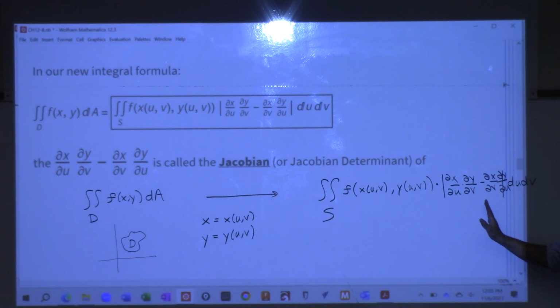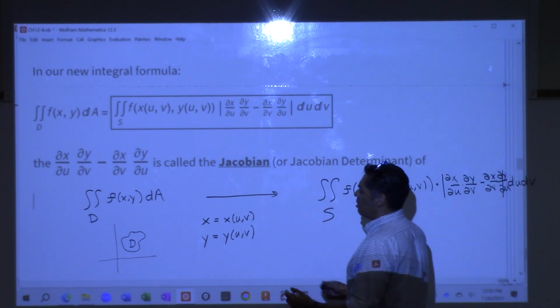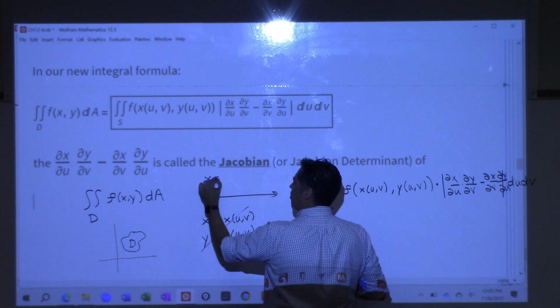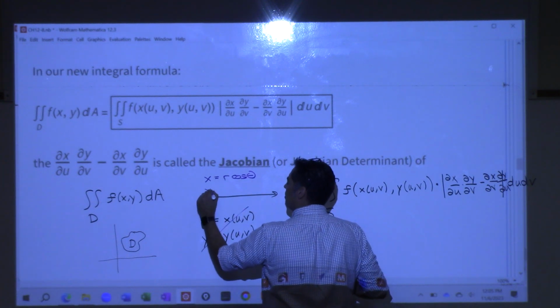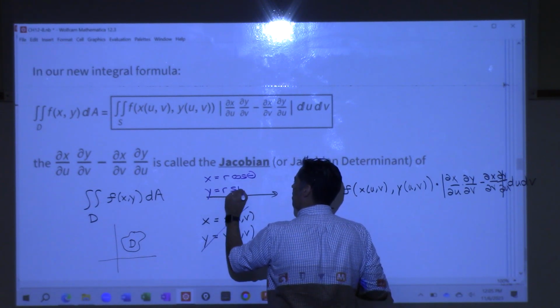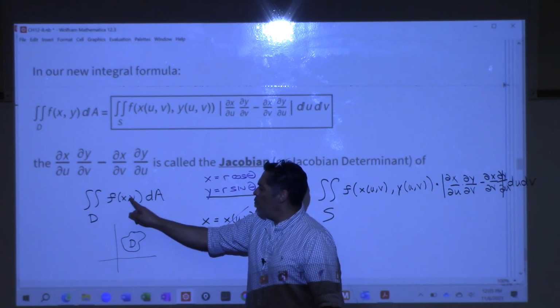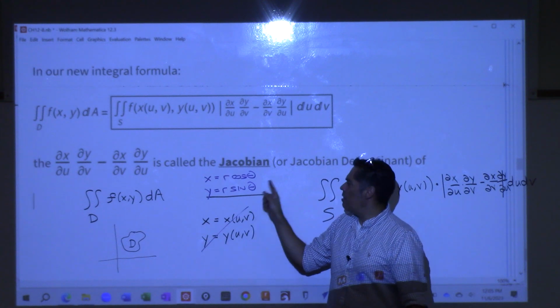I want you to see that this is exactly what polar is. What is our conversion for polar? For polar, we say x is equal to r cosine theta, and y is equal to r sine theta. So we've converted x and y to something that involves two variables, r and theta.